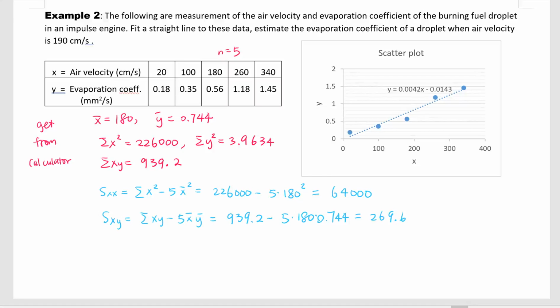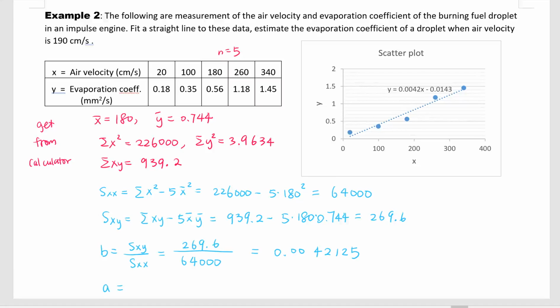Okay, so plug this in our calculator, and I got 269.6. Okay, so my B is then SXY over SXX. So that equals 269.6 over 64000. So plug this in our calculator, and then what do you get? I get 0.00422125. Do you have the same answer?